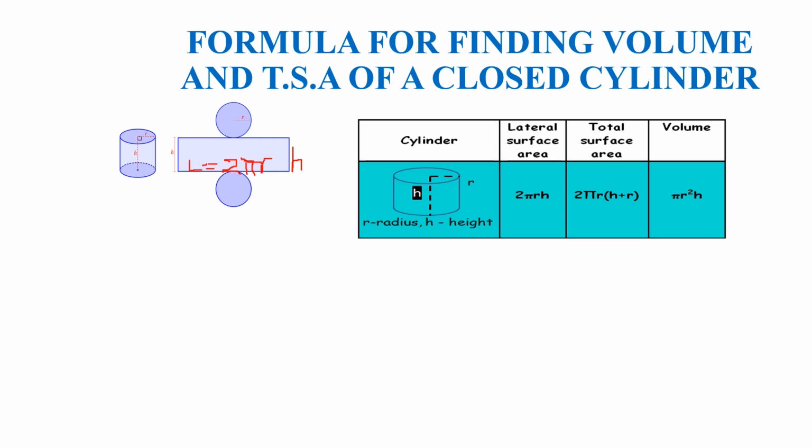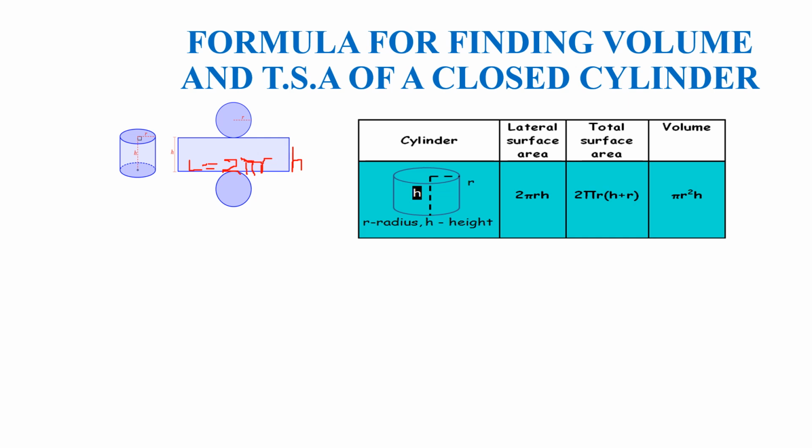So we shall have the length as the circumference of a circle, that is 2 pi r or pi d, and the width as the height of a cylinder. So it means that the lateral surface area, or the area of the curved surface, will be the length of a rectangle, which is the circumference of a circle, times the width of the rectangle, which is the height.